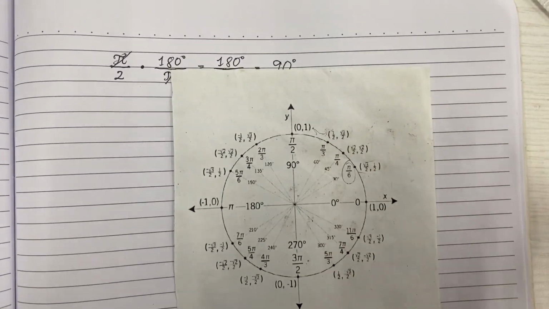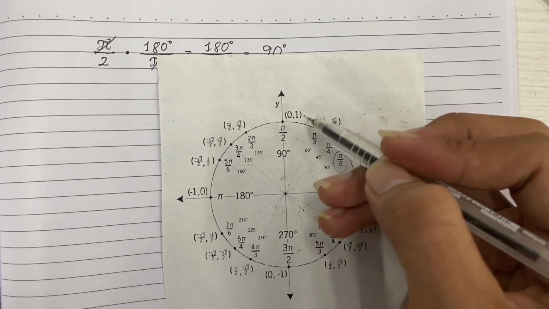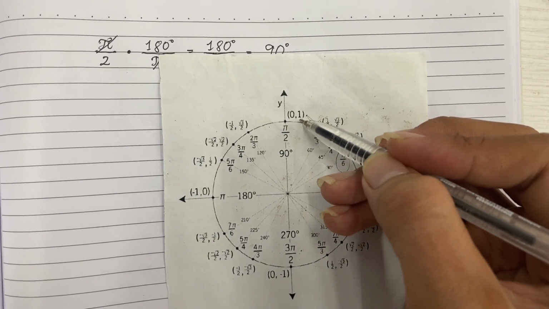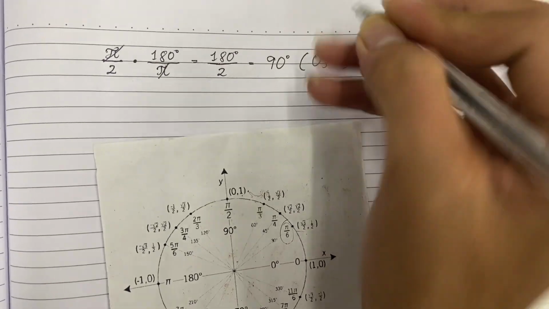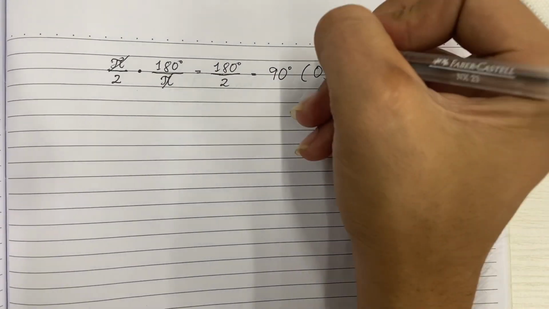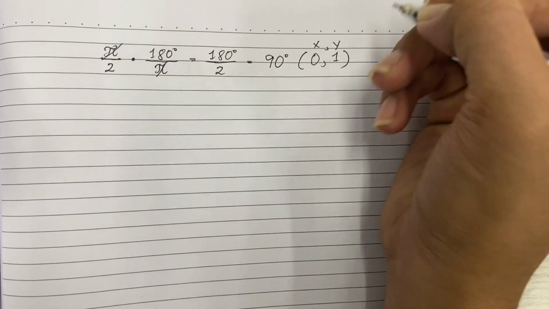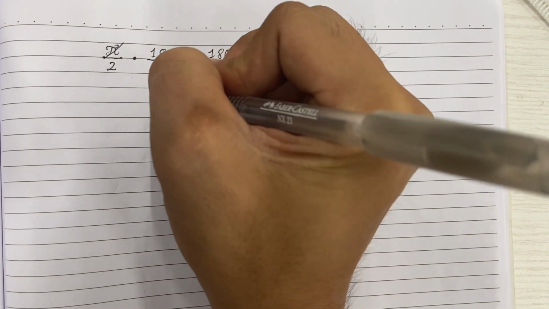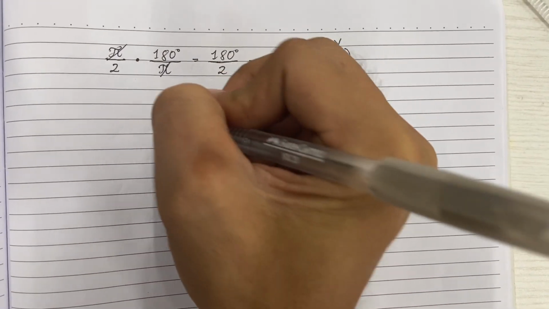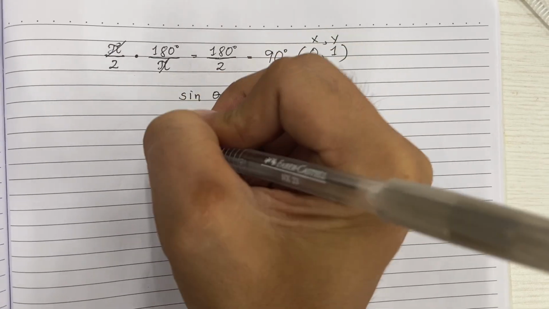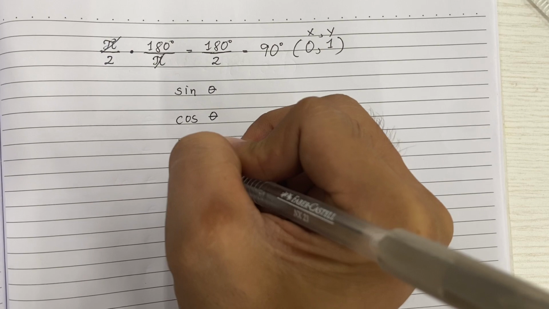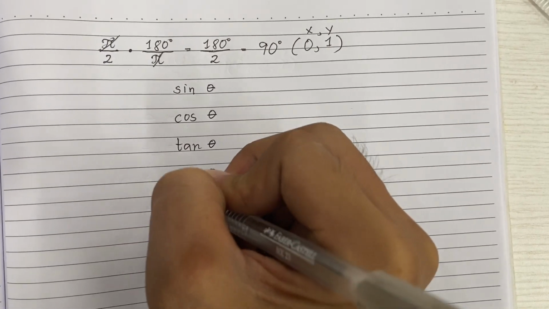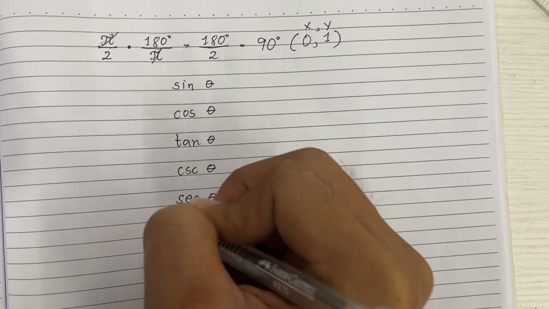And try to look for its ordered pair. We have (0, 1). Let's write it. Remember that the first element of an ordered pair is x, the second element is y. So let's write the 6 trigonometric functions beginning with sine, then cosine, tangent, cosecant, secant, and cotangent.